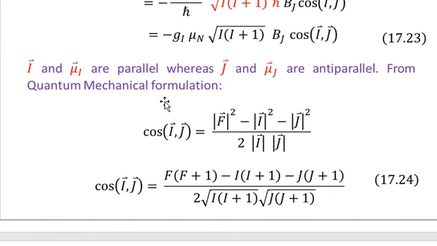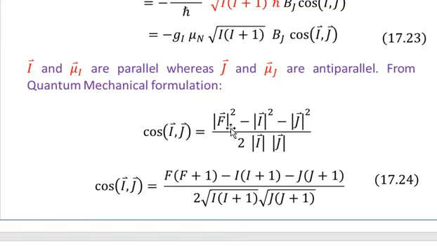So from the quantum mechanical formulation, which I have also given in one or more previous lectures, the cos of the angle between I and j is equal to the square of the magnitude of F minus the square of the magnitude of I minus the square of the magnitude of j, divided by 2 into the magnitude of I into the magnitude of j.